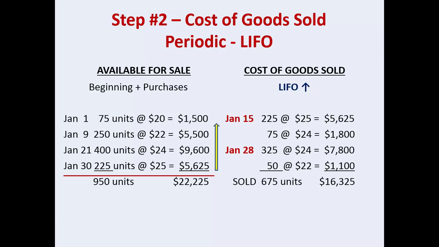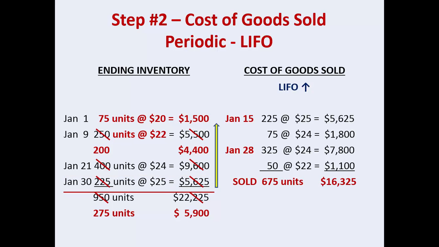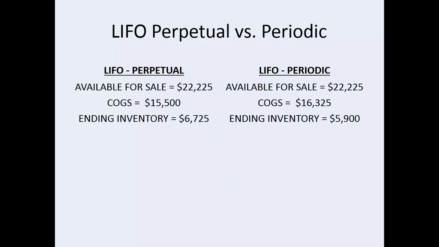So you're assigning cost on the 15th to units you didn't purchase until a week or two later, which seems very strange, but this is how it's done using the periodic system, and it's how it differs. Again, figure out total cost of goods sold, total ending inventory, and remember what this should equal. It's going to equal available for sale, the original one.